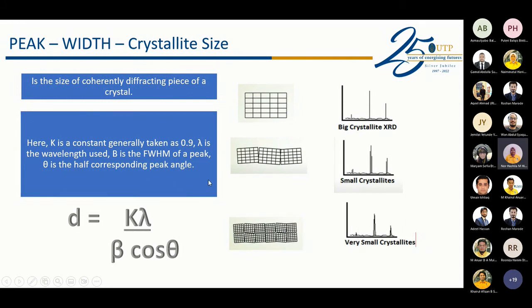That is why in nanoparticles, the XRD peaks of your sample are getting broader. So this is one factor, the crystallite size. The peak width is very dependent on the crystallite size.